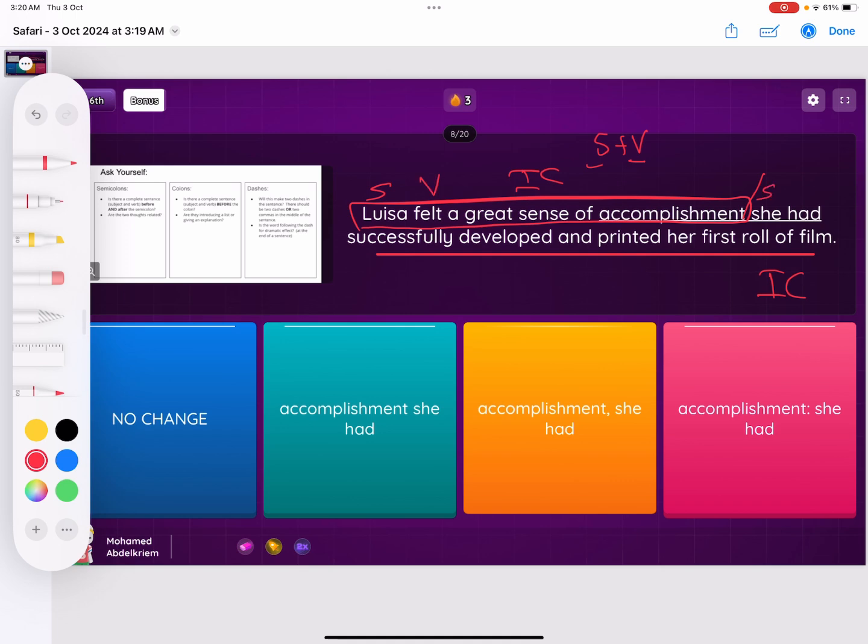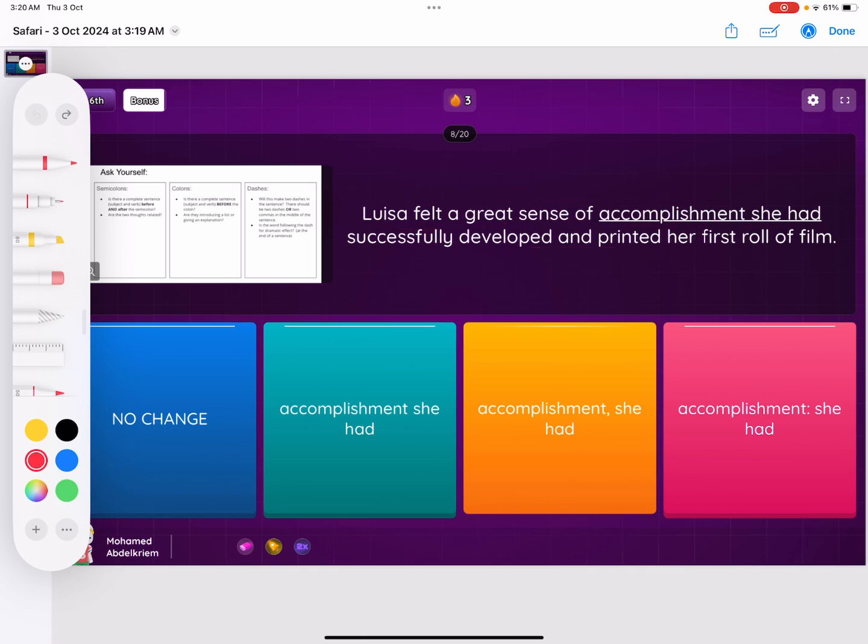I have a new subject and a new verb, so this is why I have a new independent clause. Did the author use anything here between the two independent clauses? No, he did not use anything between the two independent clauses. And we said before, if you join two independent clauses without any punctuation mark in the middle, it's a mistake and it's called a run-on. So no change, of course it's wrong.